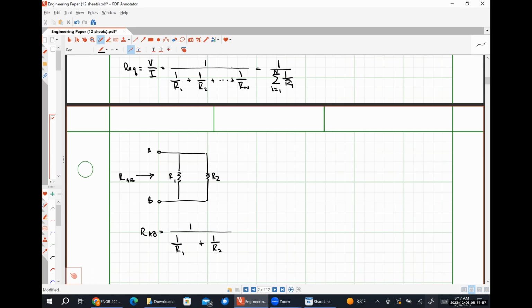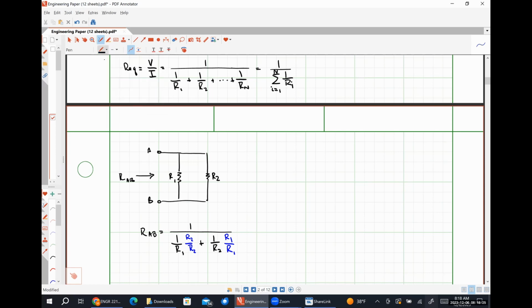But I can make it a little easier for us by just playing around with some math, right? So I'm going to multiply 1 over R1 times R2 over R2. And I'm going to multiply 1 over R2 by R1 over R1. So I'm not doing anything illegal here. I'm just multiplying by fancy representations of the number 1, right?